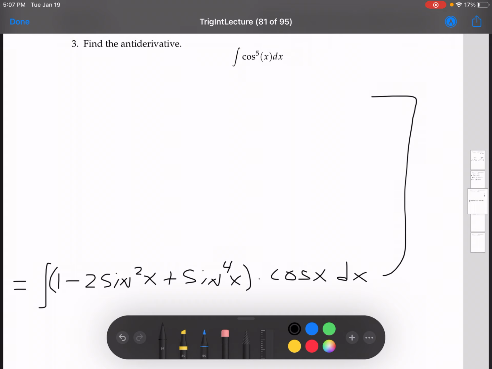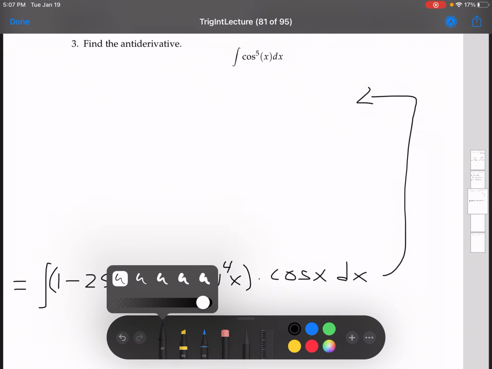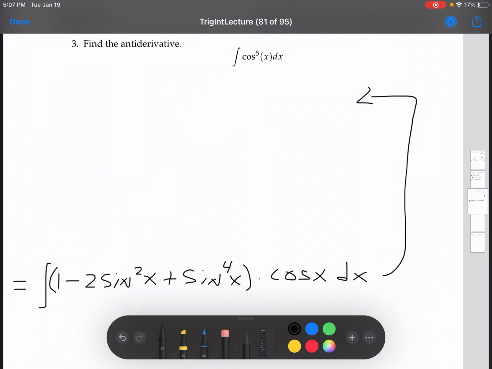Now I'm going to put this back up here. Now what I'm going to do is distribute this cosine through, to each of these pieces here, still all of this happening within the integral.